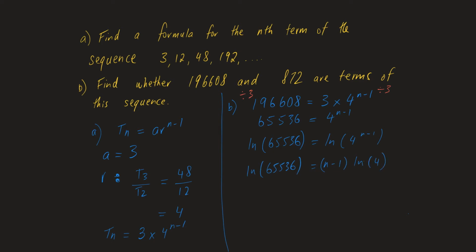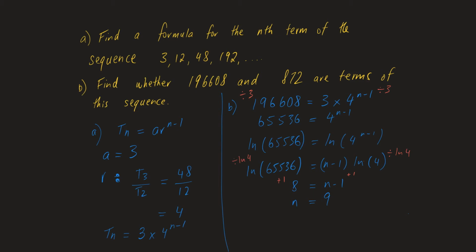Now I need to divide both sides by ln 4, and that simplifies down to 8. It's equal to n minus 1. Finally, add 1 to both sides, so n is going to equal 9. So yes, 196,608 is the 9th term of our geometric sequence.